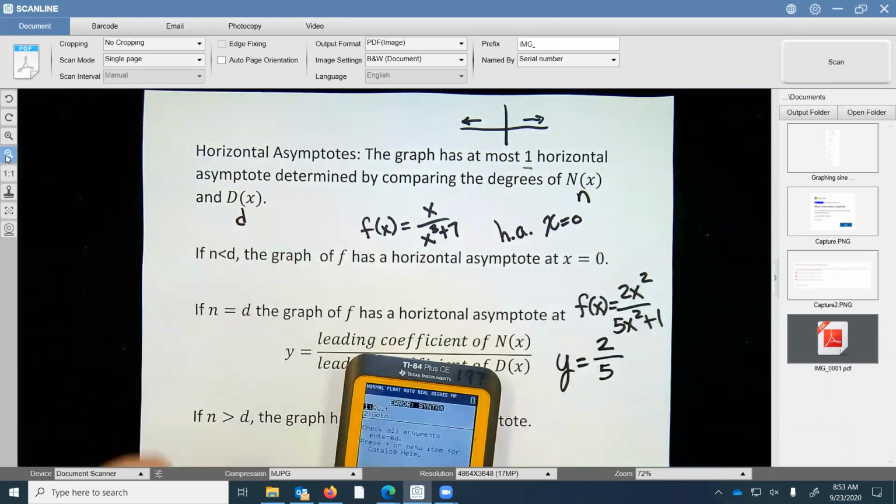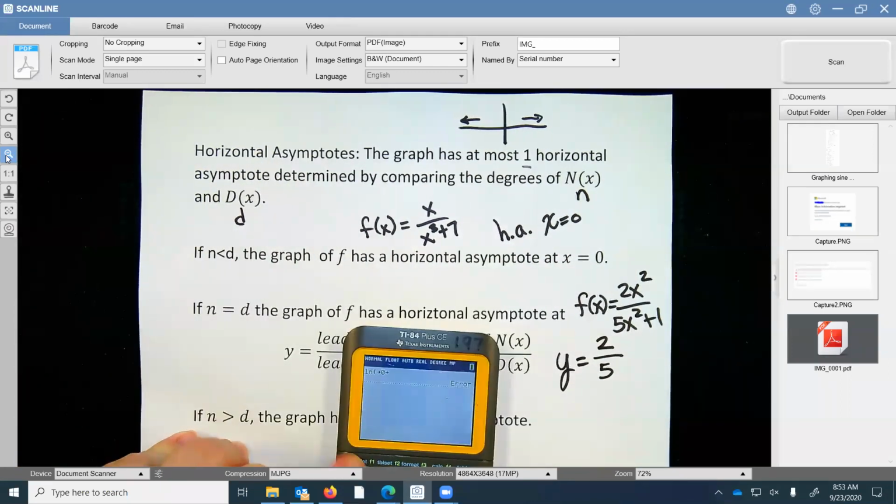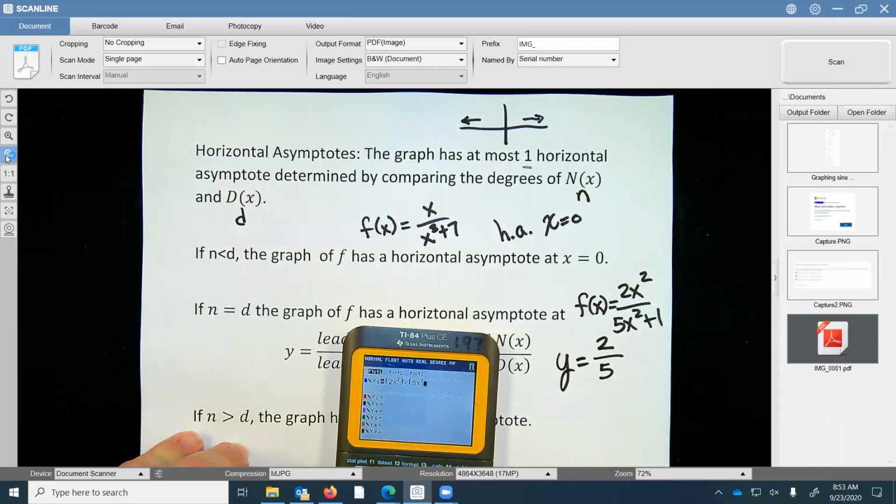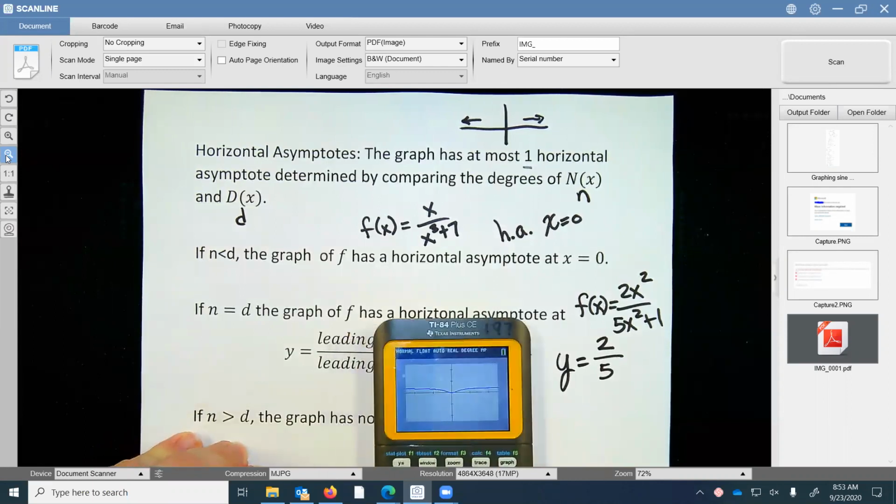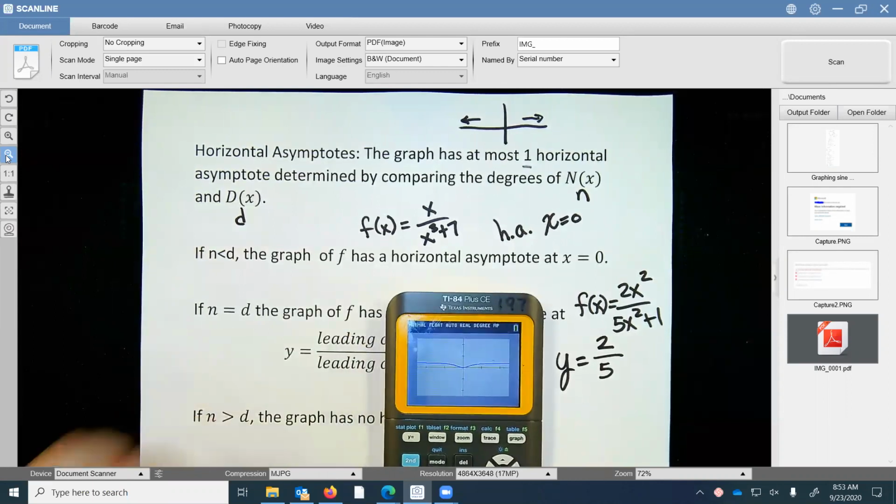And if we graph 2x squared divided by 5x squared plus 1, it's a kind of crazier graph.